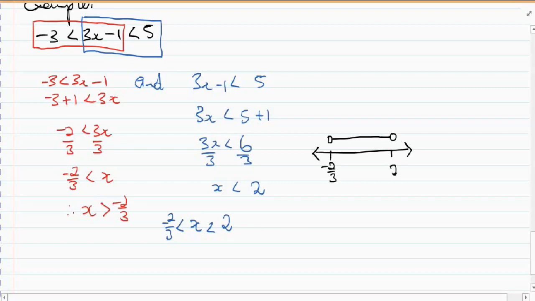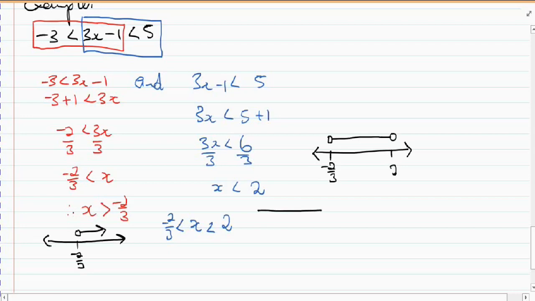We can also draw the number line for the first two separately. We have -2 over 3 on a number line; since x is supposed to be bigger than that, it goes in that direction.